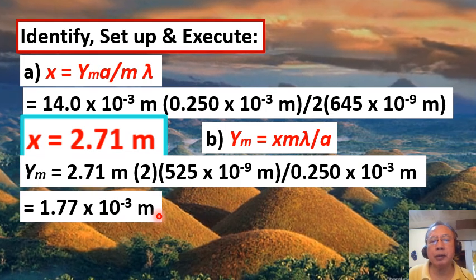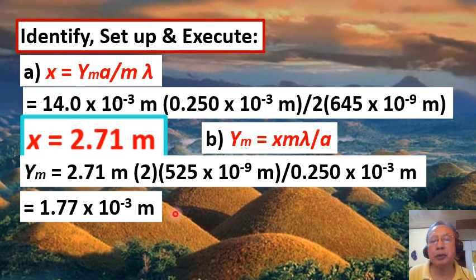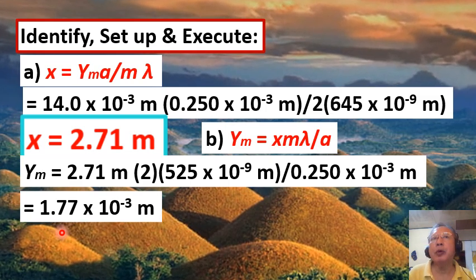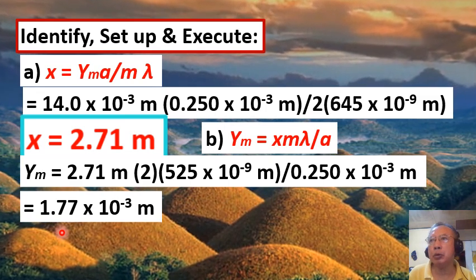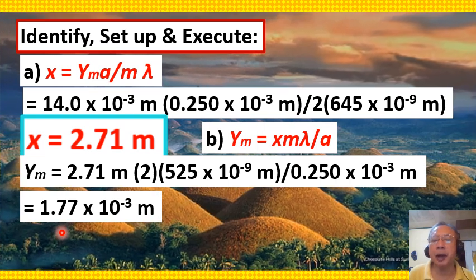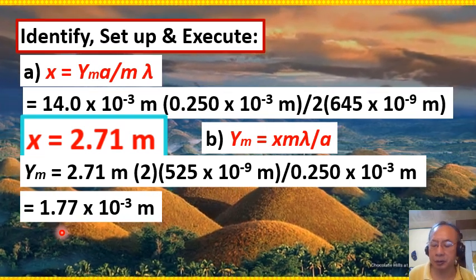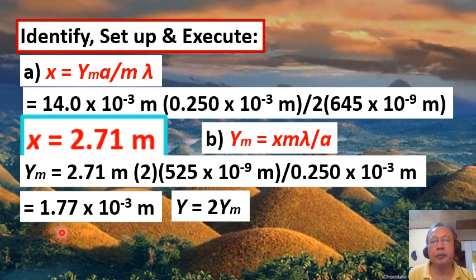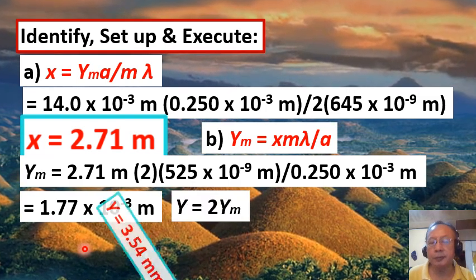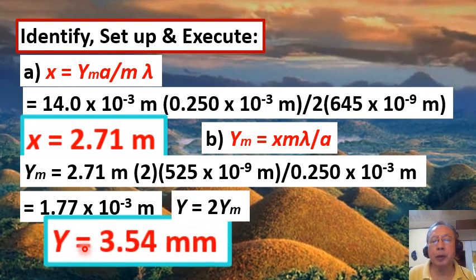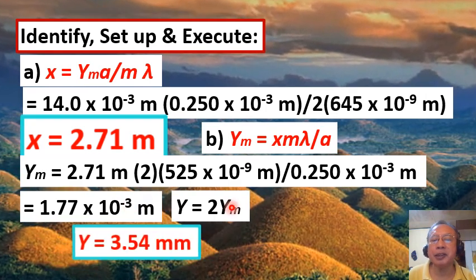But since what is asked in question letter B is the value of y, y being the distance between the two dark fringes on either side of the central bright fringe, that is twice the value of y sub m. That is, y equals 2 times 1.77 times 10 to the negative 3 meters.